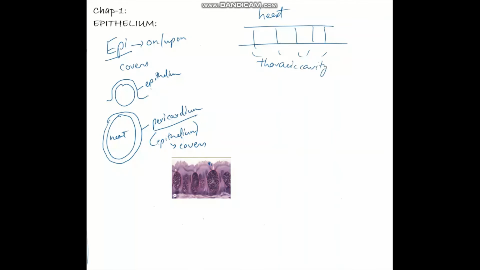All right, so on this side you'd expect the epithelium to be exposed towards the thoracic cavity, and this side you'd expect it to be attached to the heart. And polyhedral basically means multiple faces. So this thoracic side of the pericardium would have the apical face or apical domain.